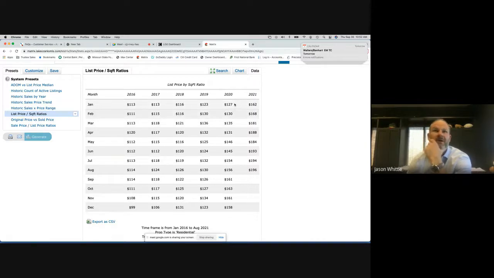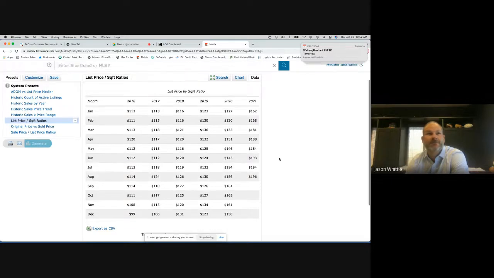We do all of our comparisons year by date from the year before, and last year was an exceptional year, but 2019 was a pretty dang good year. And look how much the numbers have changed since 2019, 125 in May to 184 this year, 124 to 193. Our average list price per square foot just continues to go up.